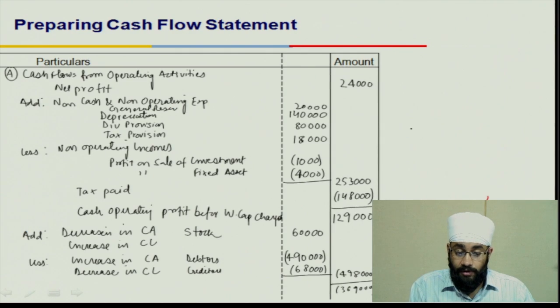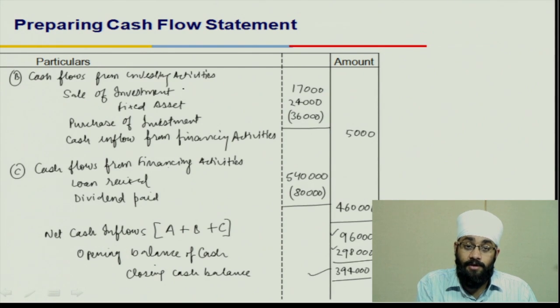So basically what we did in this process is we broke down the various sources and applications of cash into three major activities: operating activities, financing activities and investing activities. Now we know there has been a positive change in the cash position by 96,000, but how did this 96,000 come into place?